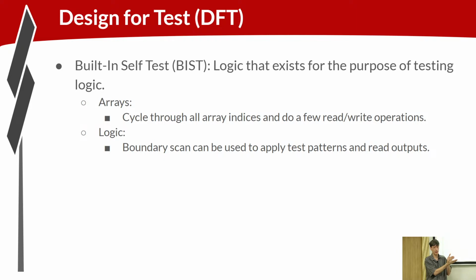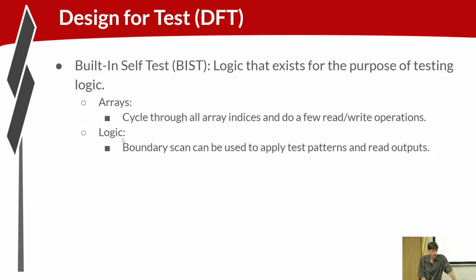Do different access patterns of writing one address, write the address next to it, make sure that doesn't mess up the values. And you can do all that in a regular way driven by logic. So you power on the circuit, it goes through its automated testing, driving these patterns through the array structures. If something goes wrong, it'll tell you.